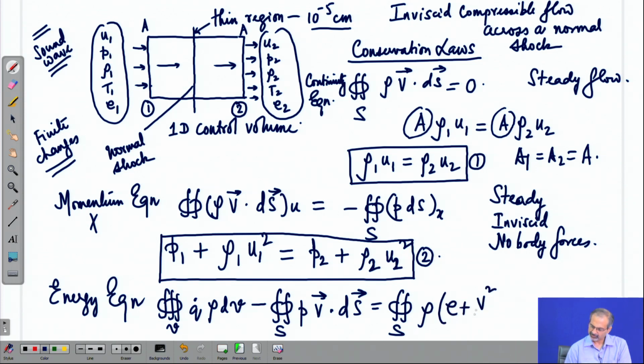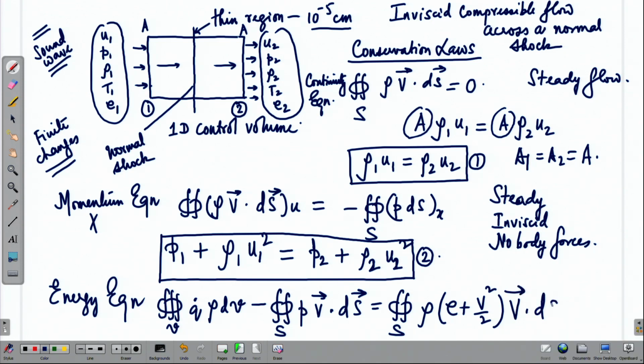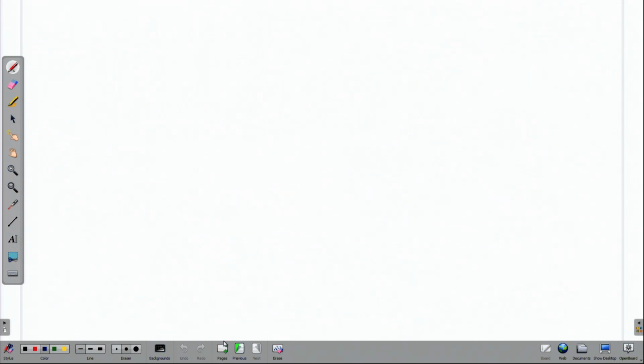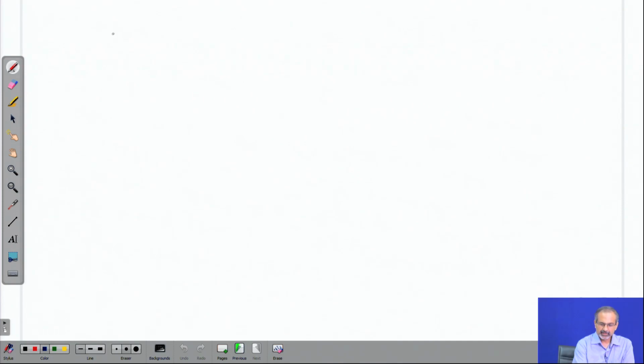So, these are the terms we have in the energy conservation equation. So, when you apply it to the one dimensional control volume, what would you get? Let us try to write down the equation. Because we are neglecting heat transfer, why?